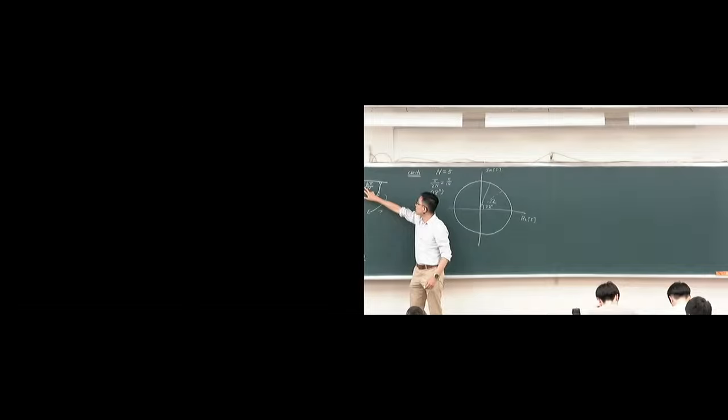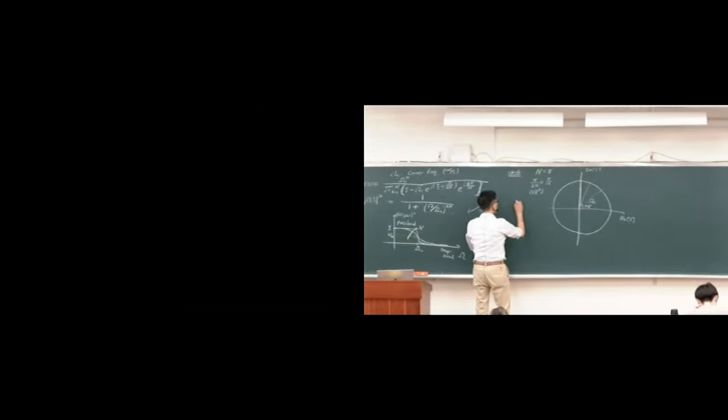But then we have now a product. So this term, this big term right here, is multiplied by e to the j k times pi divided by n. Okay, so e to the j k times pi divided by n.